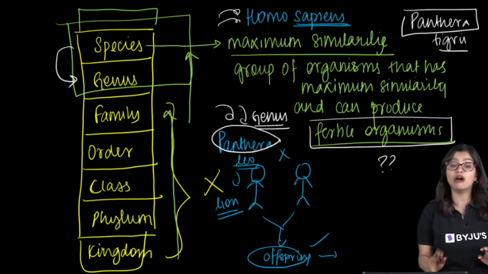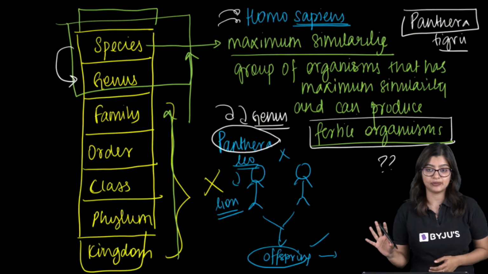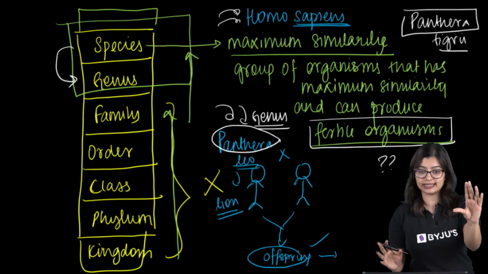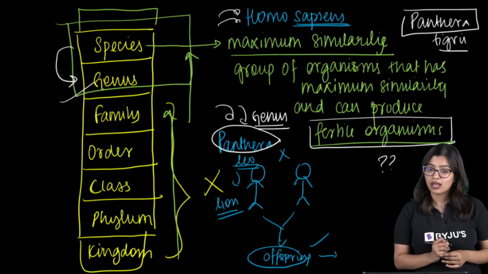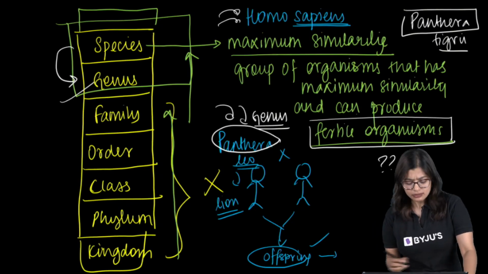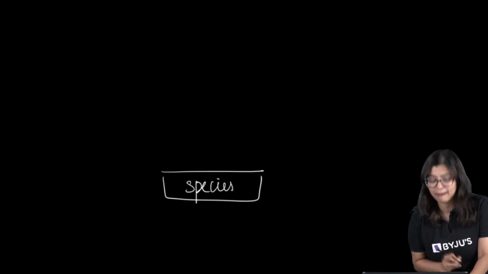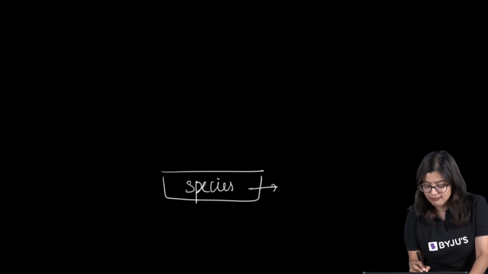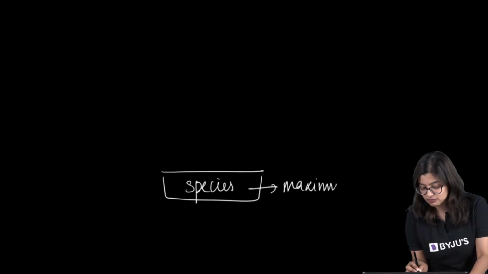So these are two terminologies that you need to understand. Are you clear what is a species and what is a genus? Think of it as, if this is my species, it is the maximum level, they have maximum similarity here.